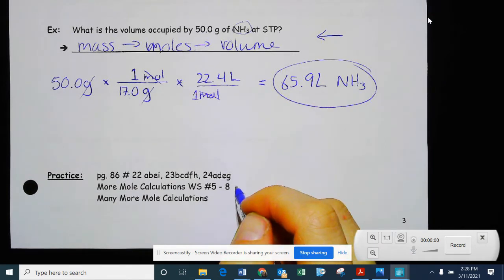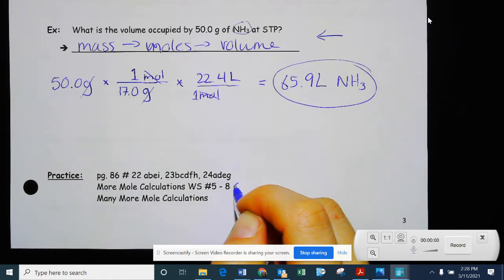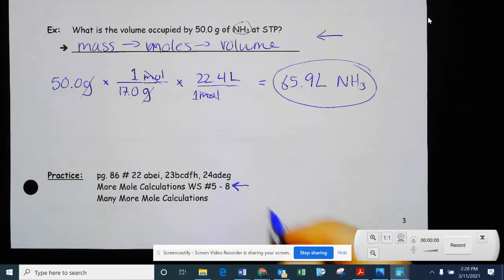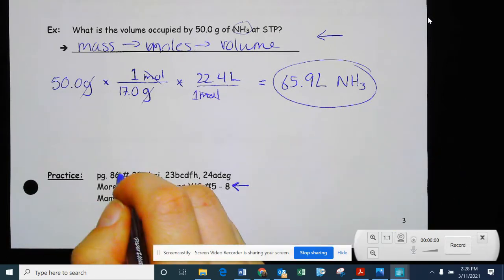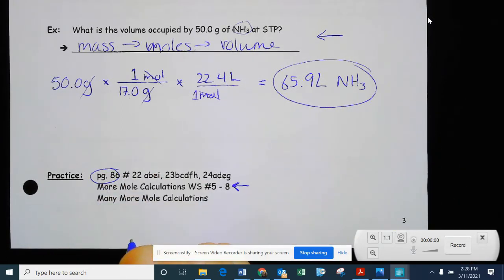So I think some of you already did this question, some of the 5 to 8 questions on that mole worksheet. If you haven't already, do those. Page 86, and then start on the many more mole calculations worksheet, which I'll just put up at the front here. We'll see how long it takes.